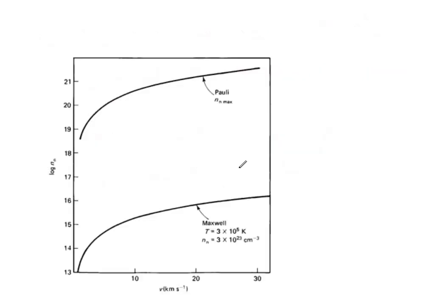Okay. Now look at the picture over here, where we have plotted the Maxwell-Boltzmann velocity distribution for the number of neutrons, which is equal to 3 into 10 to the power 23 per centimeter cube, and also the velocity distribution according to the previous equation, the restriction, that means the Pauli's restriction over here.